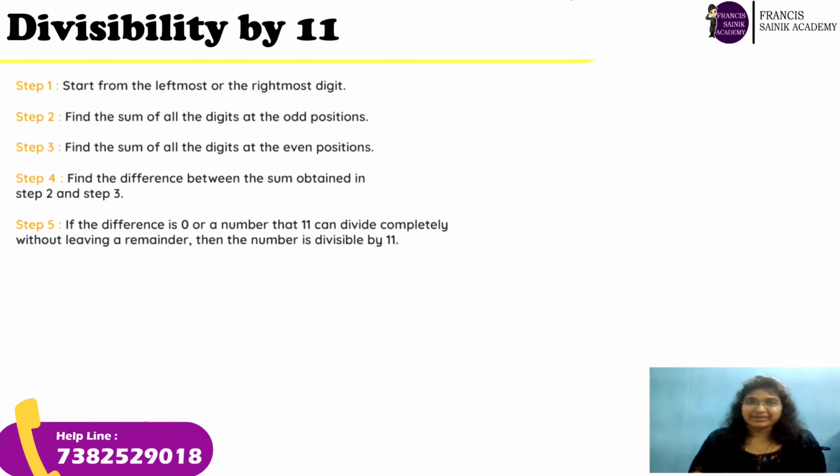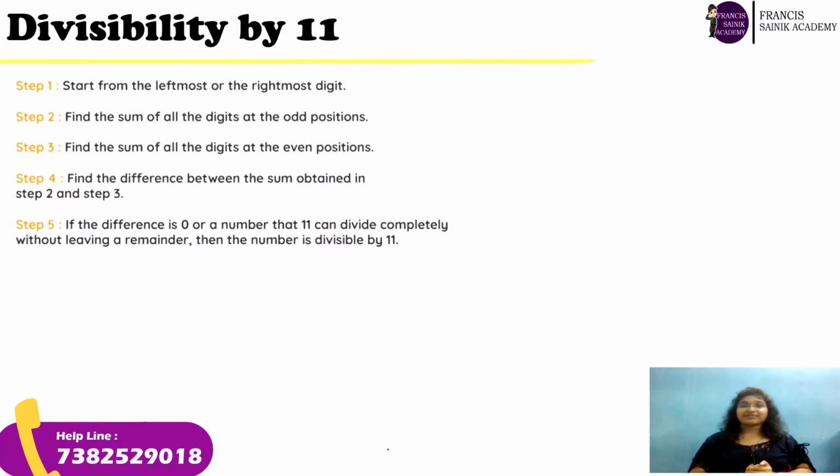Next, divisibility rule for 11. So, this is a little bit complicated. Try to understand here, okay? So, what is the divisibility rule for 11? Here, we have to first divide the number into odd places and even places.